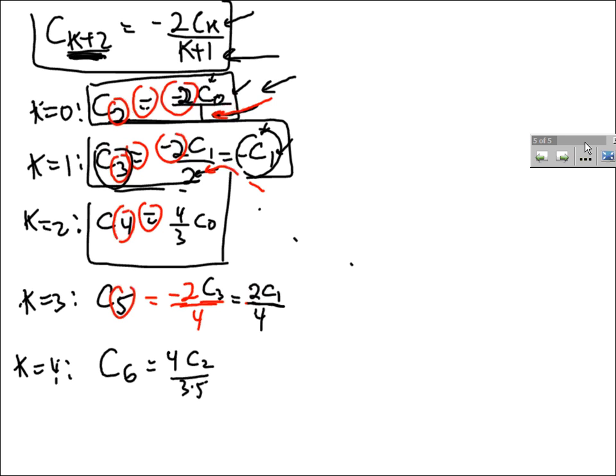That's C sub 4. Actually, I want to do the division here. I get 1 over 2.